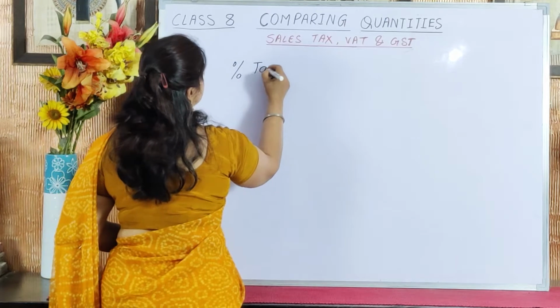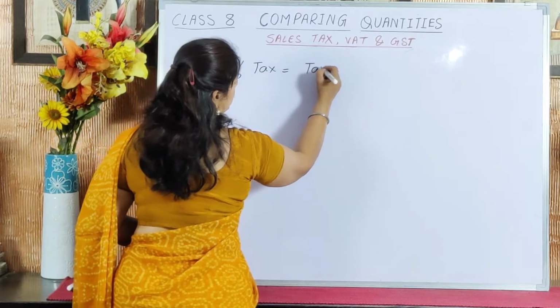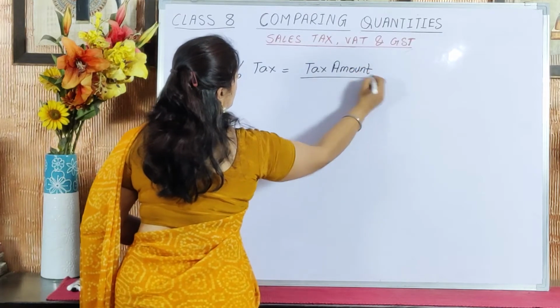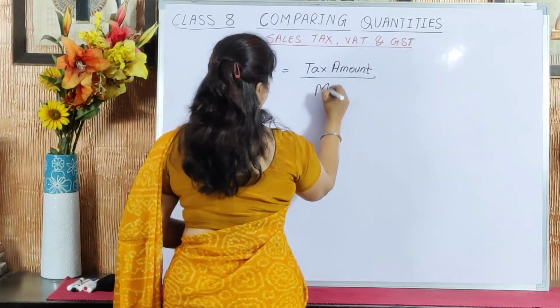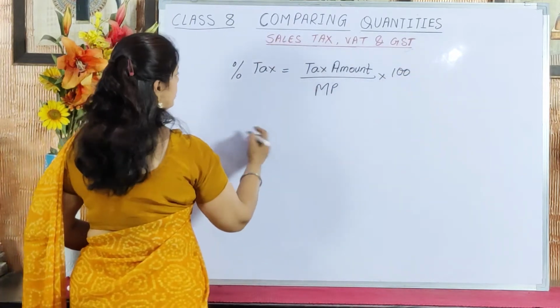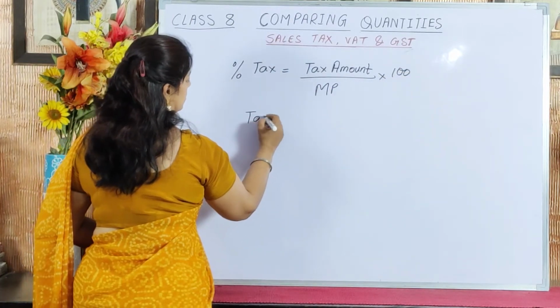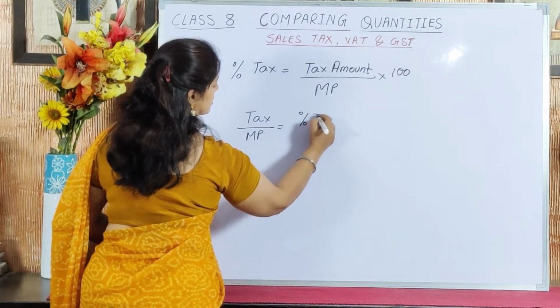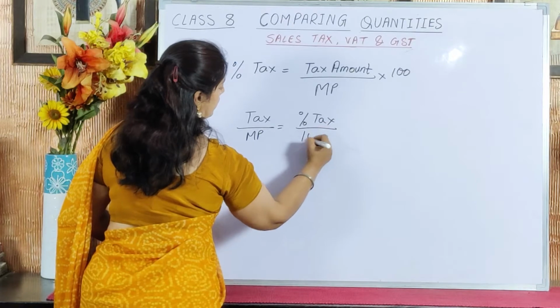And as far as the percentage of tax is concerned, to calculate that, the formula is: percentage of tax is equal to the tax amount upon the mark price multiplied by 100. And if you bring 100 to the other side, you can write this as tax upon mark price is equal to percentage of tax upon 100.